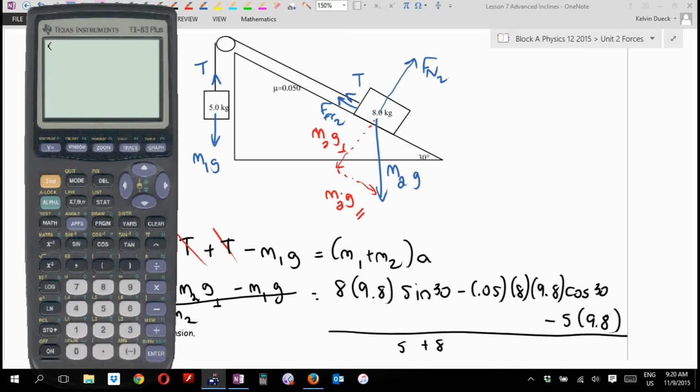I'm going to type in 8 times 9.8 sine 30, close off the sine, minus 0.05 times 8 times 9.8 cos 30, close off the cos, minus 5 times 9.8, all divided by 5 plus 8. And here's how I know I've guessed wrong.